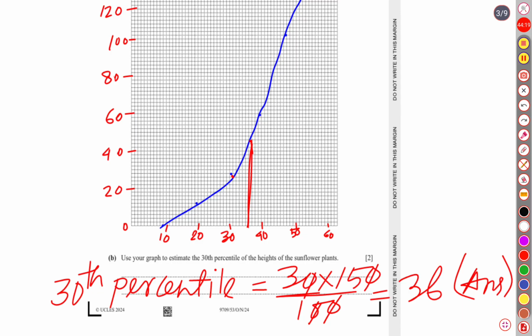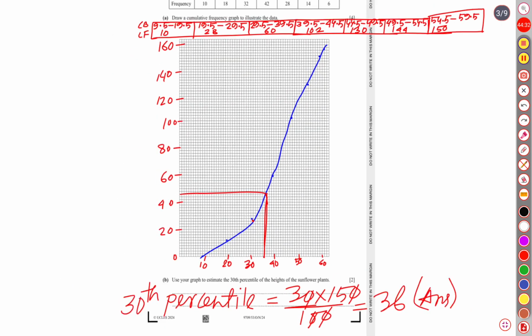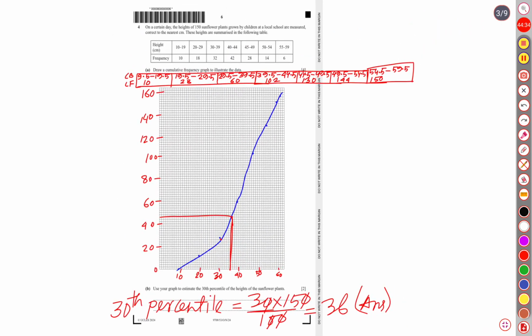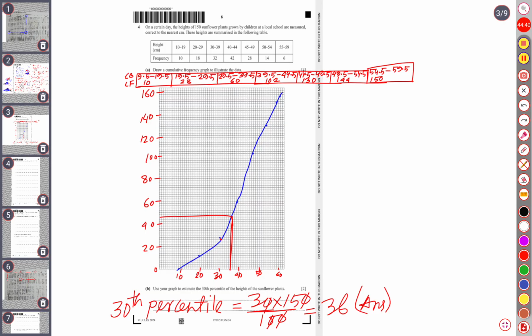And it is 40, the 45th data will be just over here. That is the solution to the first part of this question. After that, we will move on to the next question.